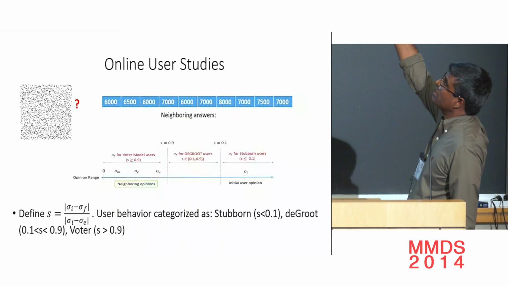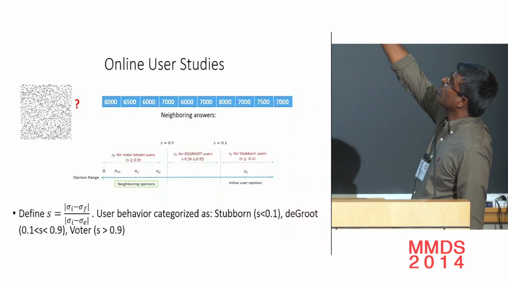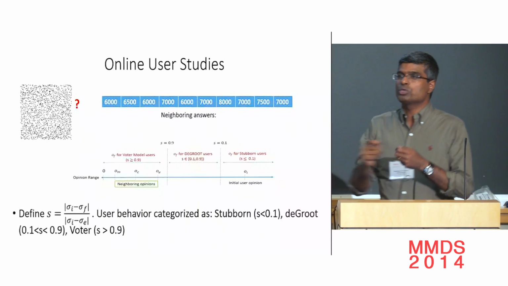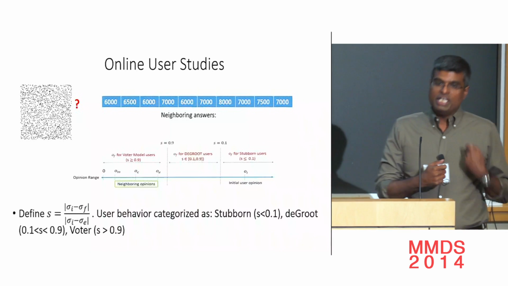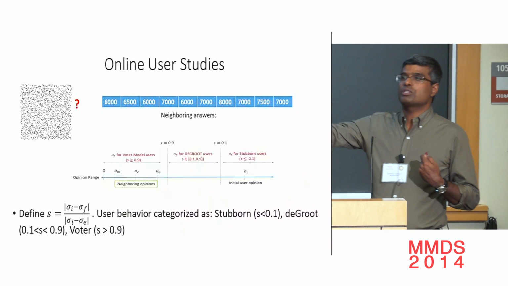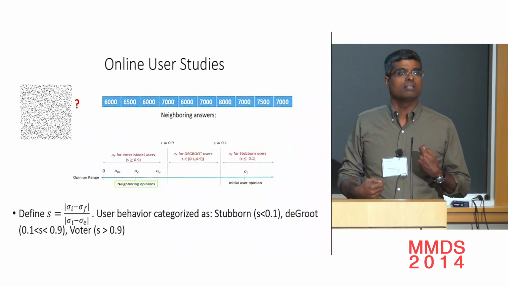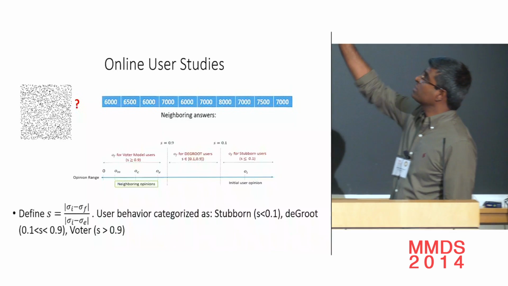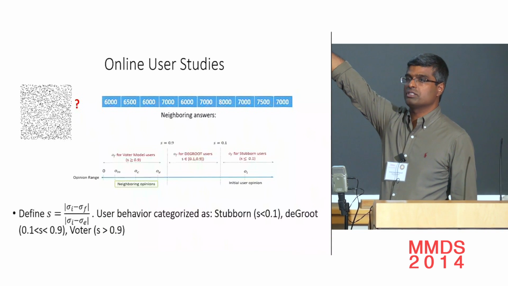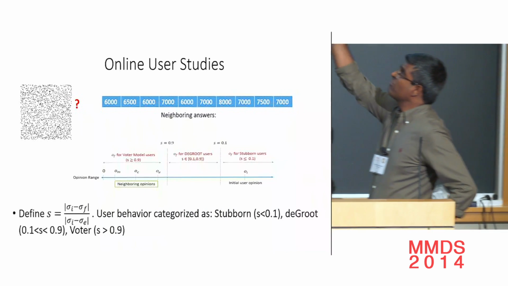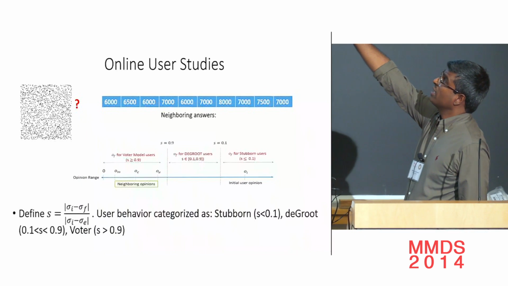Either the user is stubborn, where the user did not deviate very much from the initial answer, S sub I, or we call the user a degroot user, where the user takes some answer between his or her initial answer and the answer of the nearest neighbor in the neighborhood, okay? The person who got the answer closest to the user's answer itself, versus the user who went into the crowd and picked some random answer from the crowd, okay? So the leftmost is the voter user, the user who is following a voter model in his or her mind.